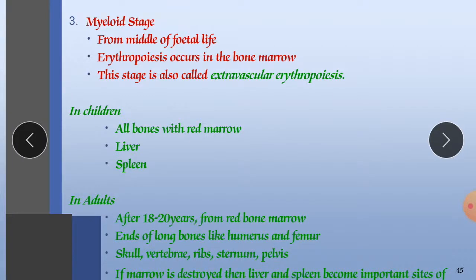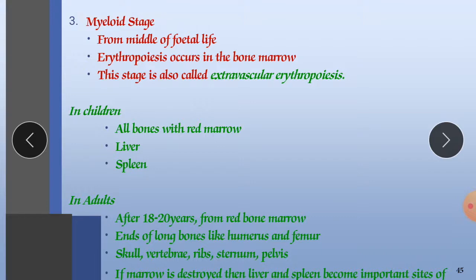Myeloid stage. From the middle of fetal life, erythropoiesis occurs in bone marrow, and throughout life it continues in the bone marrow. Most of the blood is formed in our bone marrow. This is also called extravascular erythropoiesis.